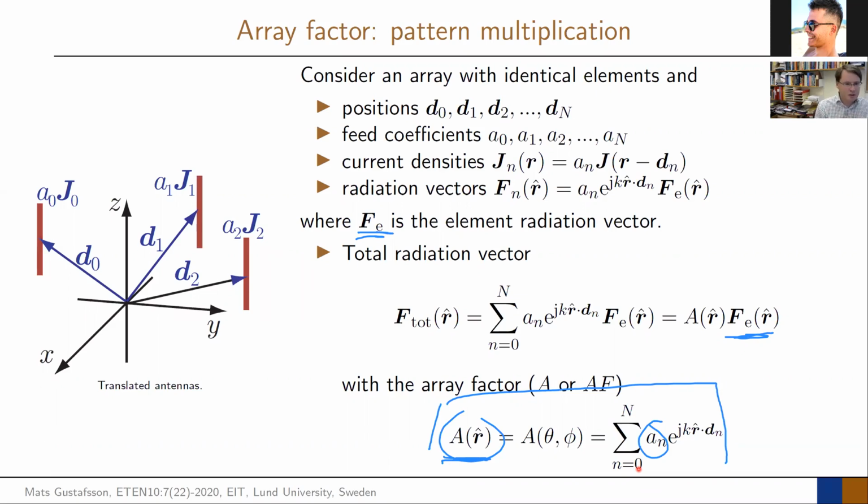And that is this array factor. When we talk about arrays in this course, it's basically about the array factor. Then we can get the total radiation pattern by doing this multiplication. So you multiply the pattern from your array with the pattern from your antenna element. That gives you the total radiation pattern.